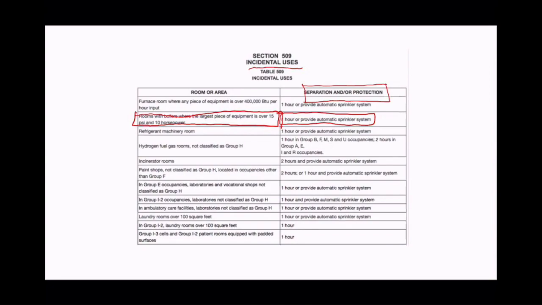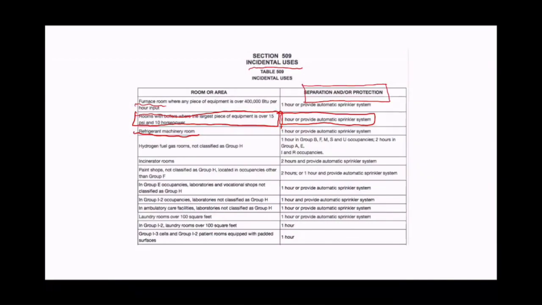So if we had a furnace instead of a boiler, and if you don't know the difference, a furnace heats air and a boiler heats water. If we had a refrigerant machinery room, say we had a grocery store with a refrigerant machinery room, this tells us what to do, because we need a refrigerant machinery room perhaps for all the freezers and refrigerators in the grocery store.